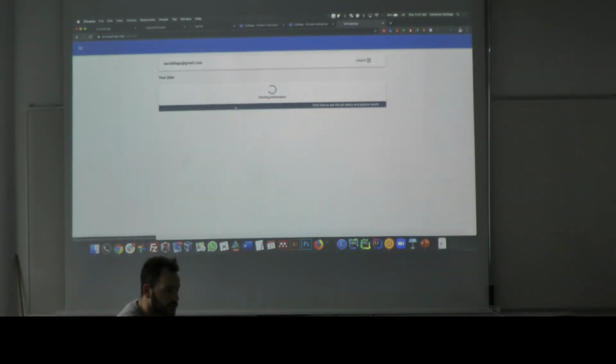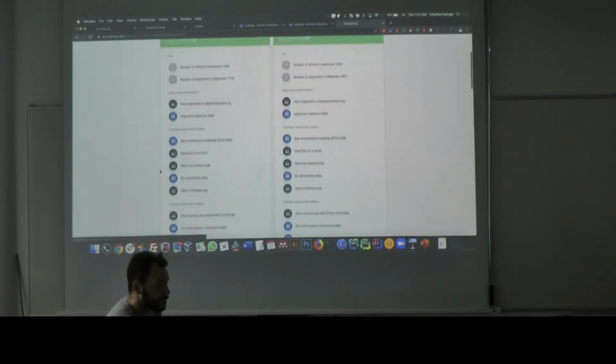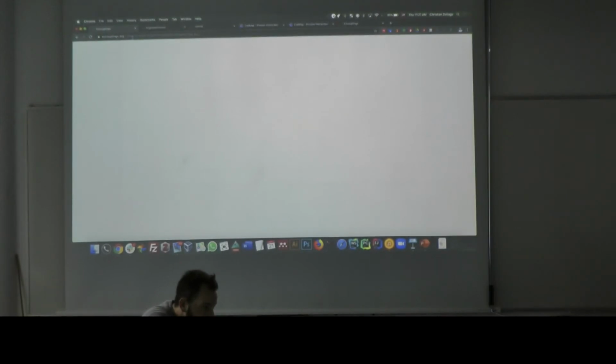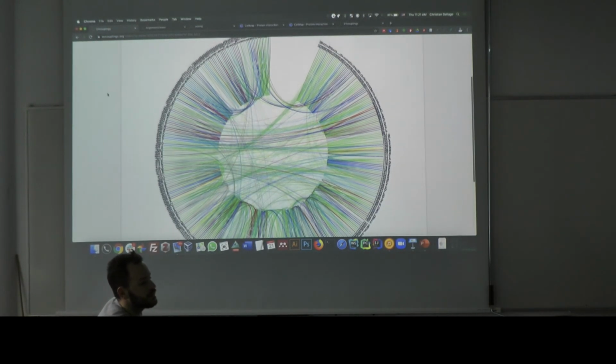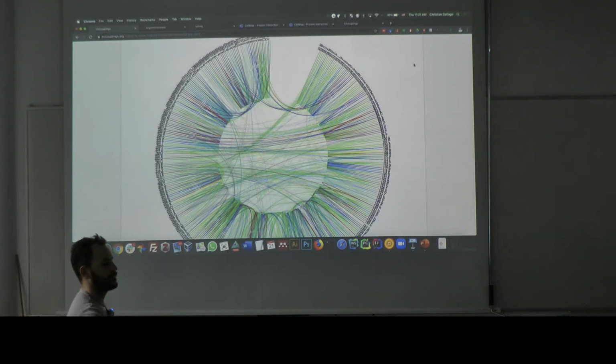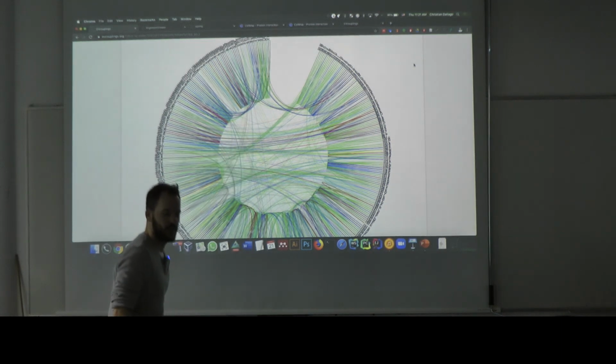Let me just pull up something. Yeah. So this is a protein sequence. It is put out on a ring. And as you can see, there are some long connections between, for example, this position and that position.